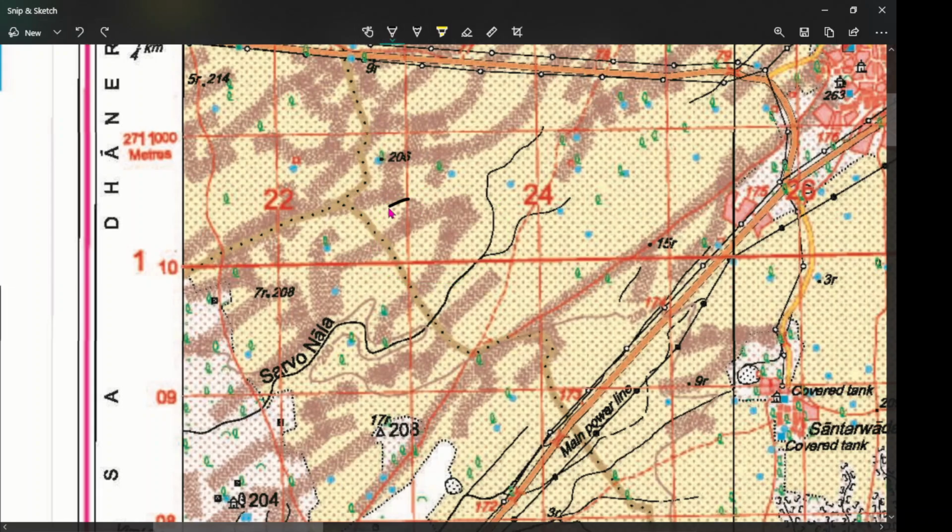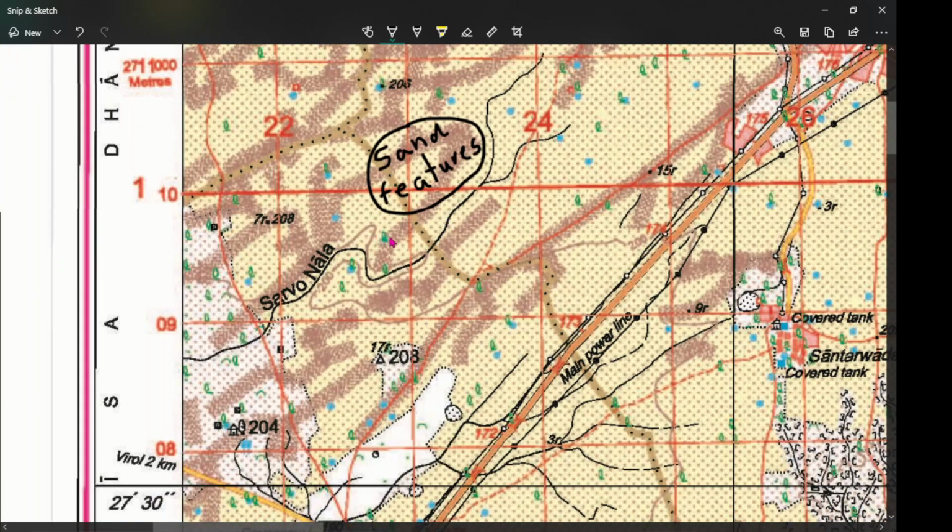Giving some different color to this. Okay, so sand features is one.